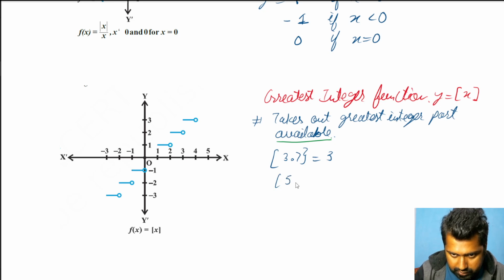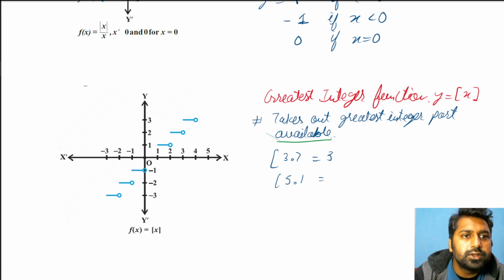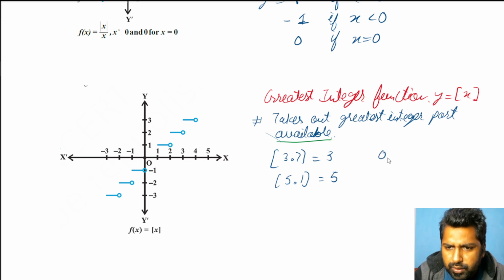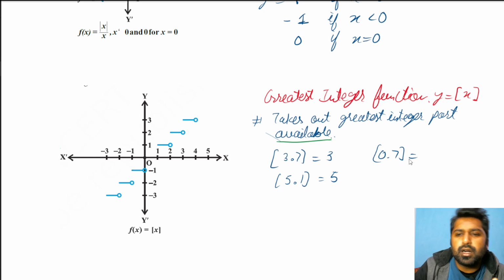Similarly, suppose 5.1. Sorry, square bracket, I have a habit of writing the curly bracket. Square bracket 5.1, it will be 5. Greatest integer part. What about 0.7? So for 0.7, the greatest integer part available is 0. There is no integer available right now.